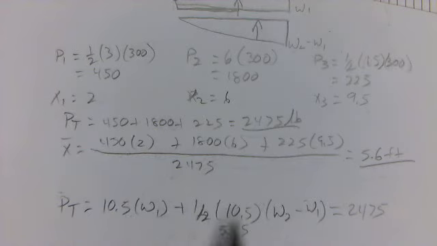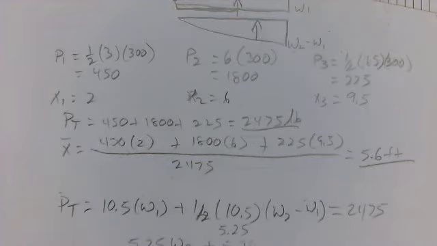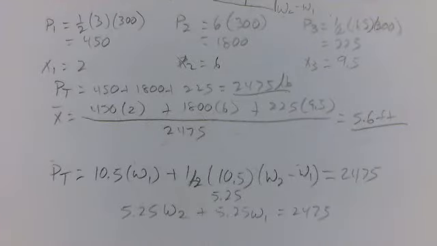If we combine those, we get 5.25 W2 plus 5.25 W1 equals 2475. Then let's divide by 5.25 and move the W2 to this side, and we come up with W1 equals 471 minus W2.